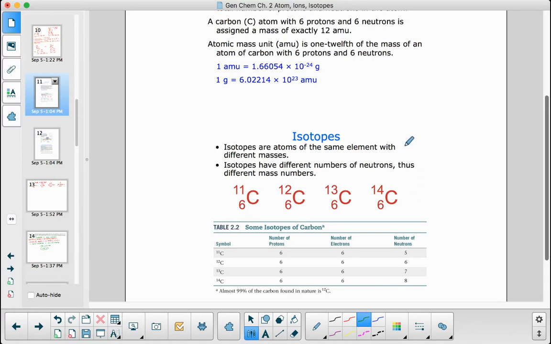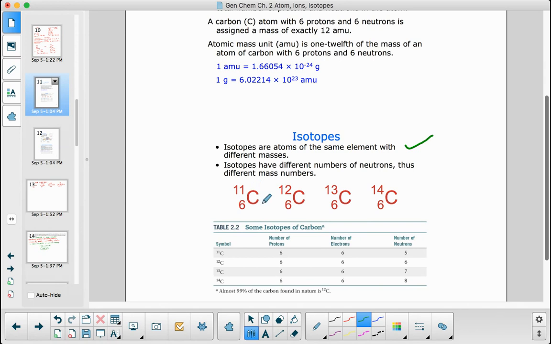So the definition of isotopes: isotopes are atoms of the same element with different masses. What gives them their different mass is a different number of neutrons, thus the different mass numbers. So this is a very good example.